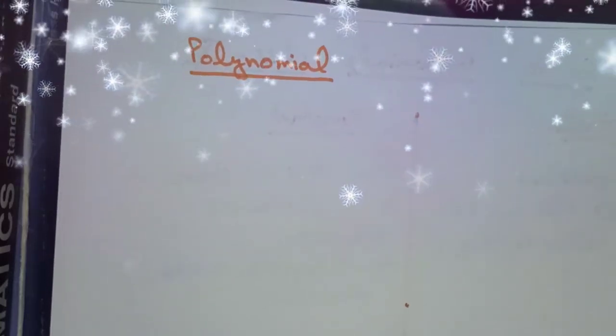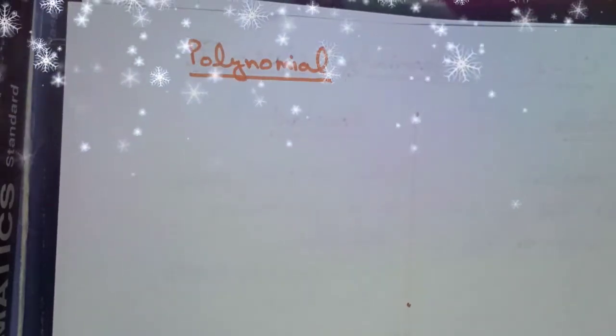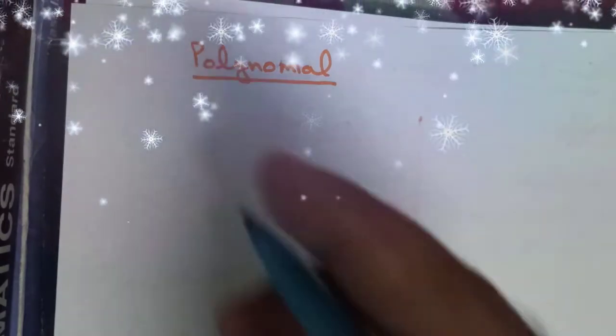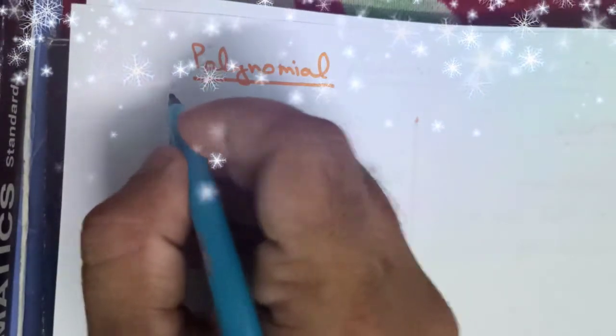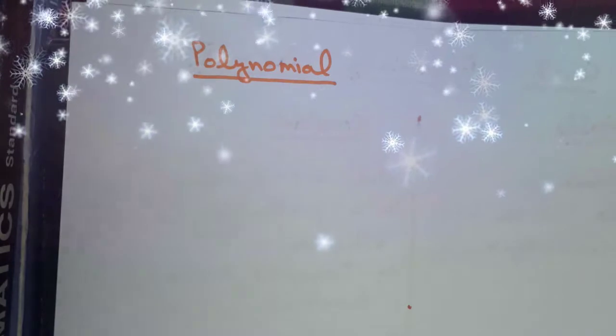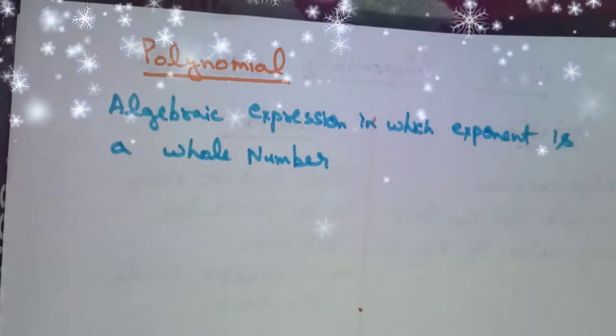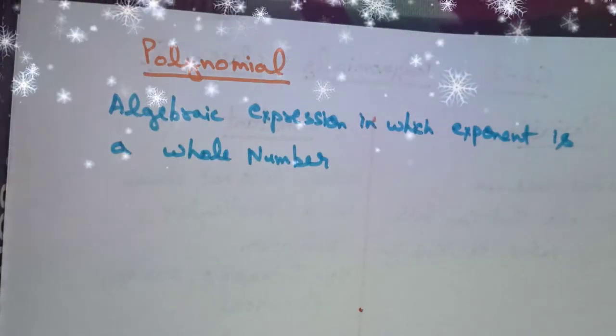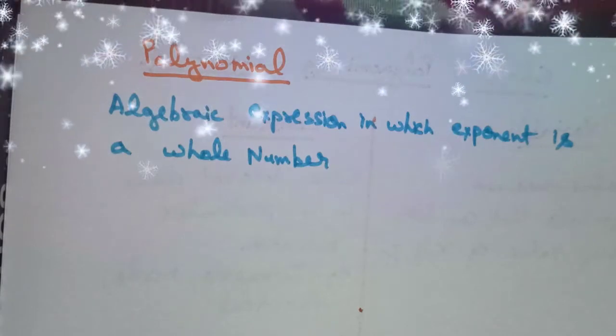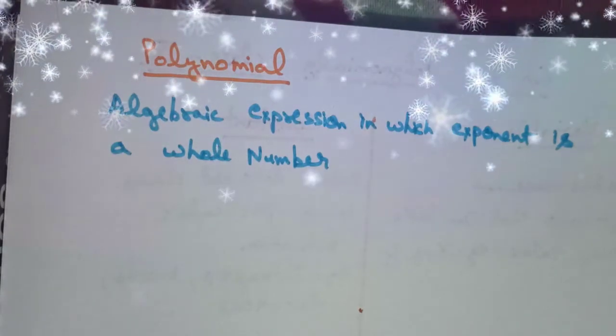Okay, so now what is a polynomial? A polynomial is basically an algebraic expression in which the exponent is a whole number. So all the algebraic expressions in which the exponent is a whole number are polynomials.